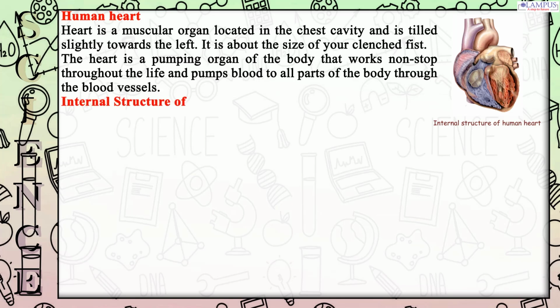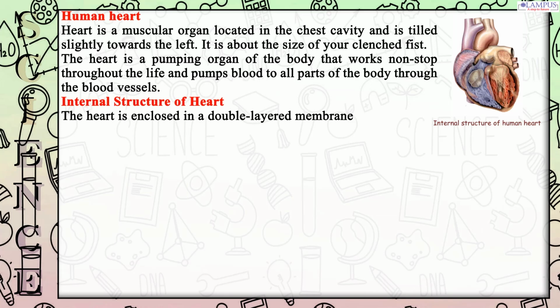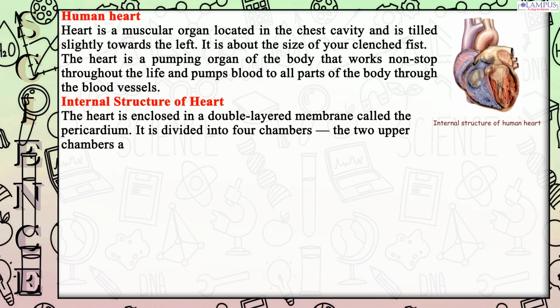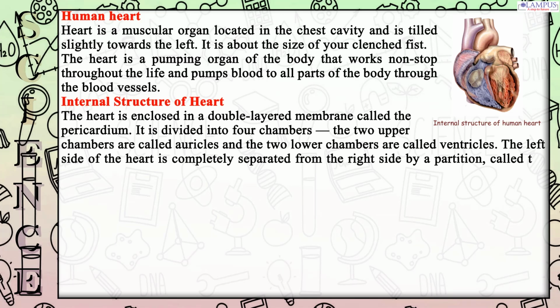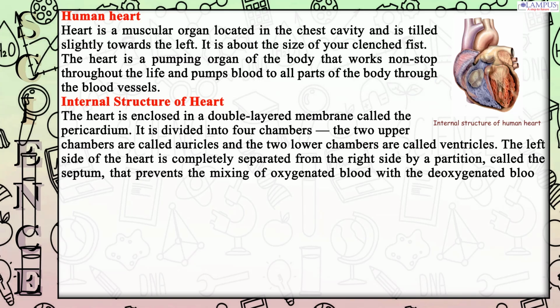Internal structure of heart. The heart is enclosed in a double-layered membrane called the pericardium. It is divided into 4 chambers. The 2 upper chambers are called auricles and the 2 lower chambers are called ventricles. The left side of the heart is completely separated from the right side by a partition, called the septum, that prevents the mixing of oxygenated blood with the deoxygenated blood.